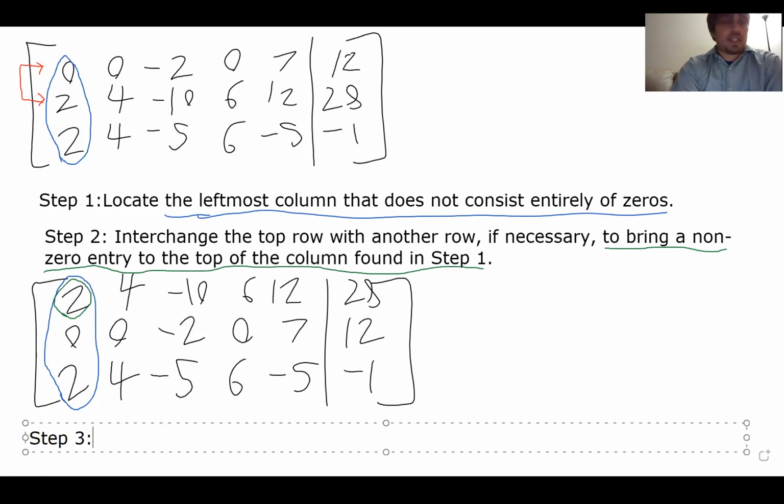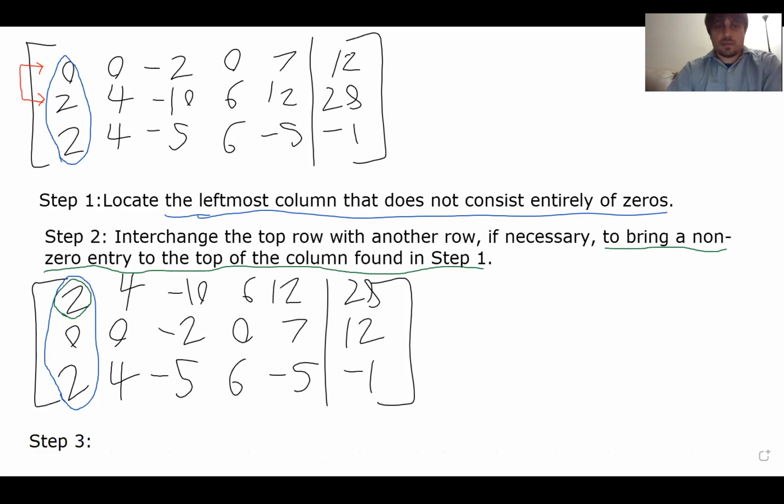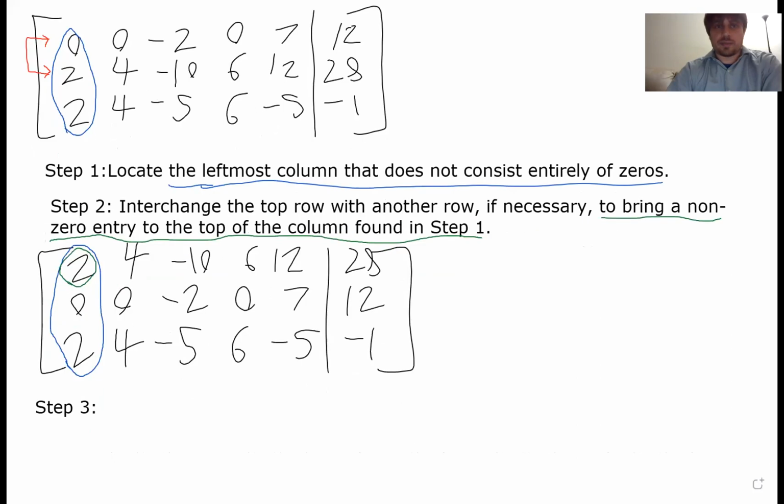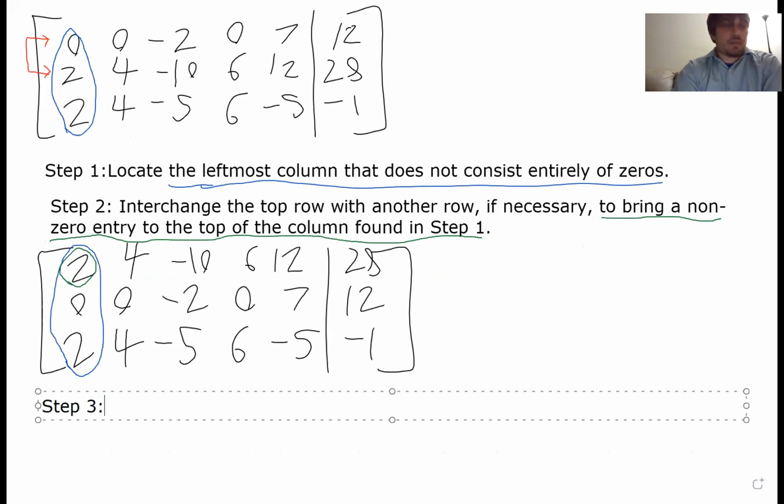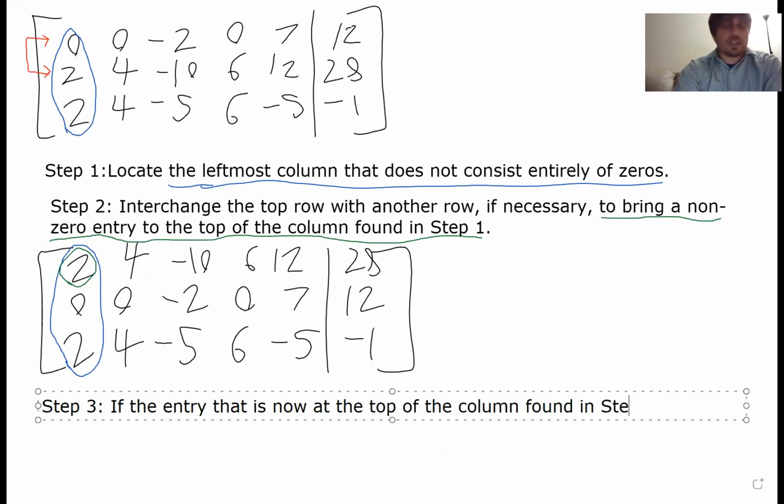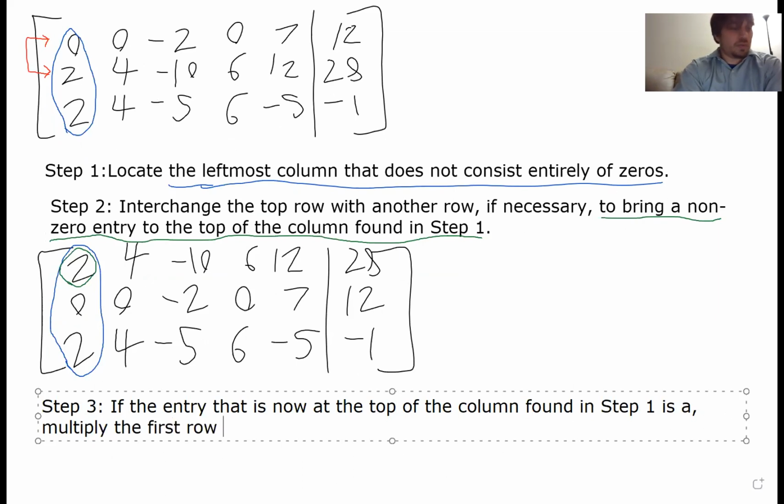Okay, step 3 is: if the entry that is now at the top of the column found in step 1 is A, multiply the first row by 1 over A in order to introduce a leading 1 for that column.